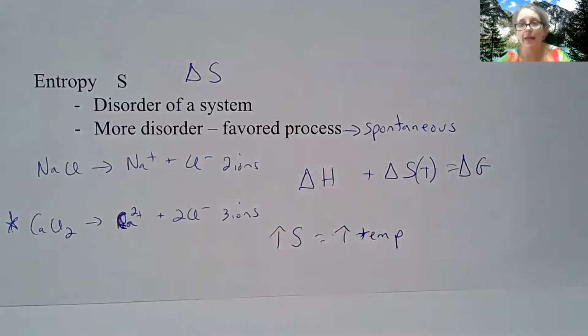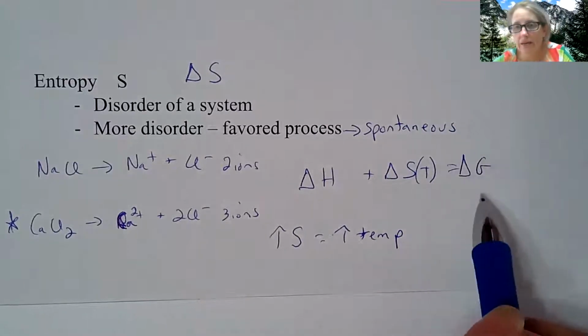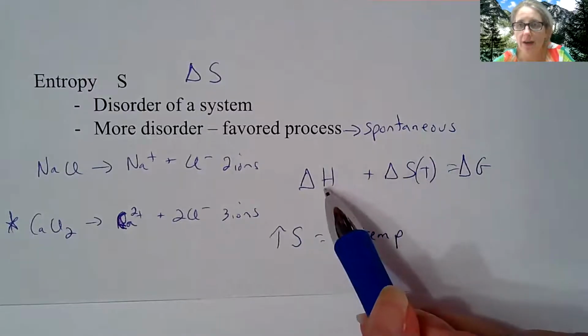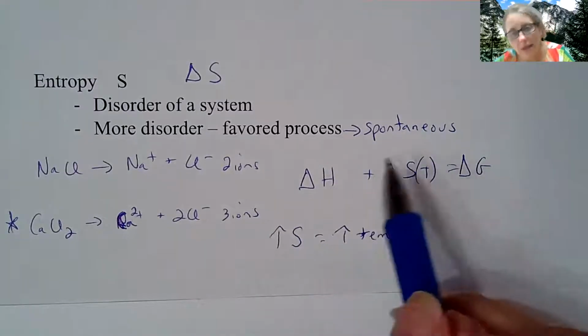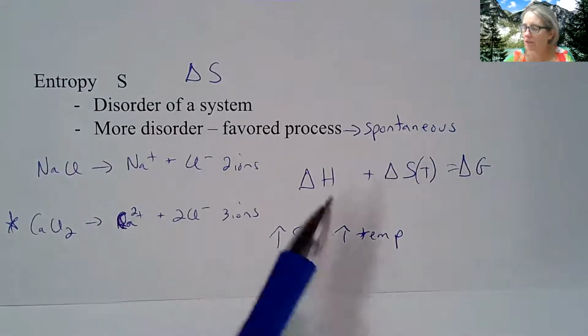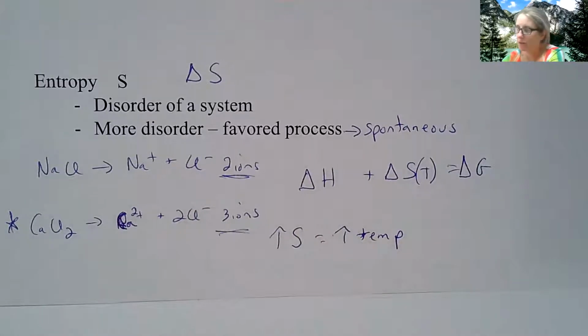So think of, again, gases in a box. If I increase their temperature, you're going to have more and more chaos in there. So same kind of idea. If I'm looking at the overall delta G, I'm looking at the combination of both the entropy factor and the heat. But again, this is just a preview for what we're going to see later on. But I still like to bring it up because it does have to do with the number of ions.